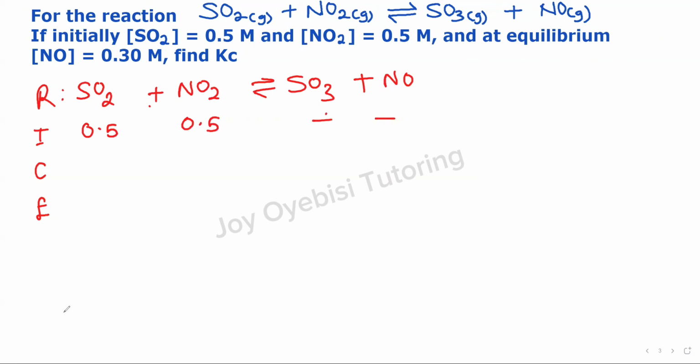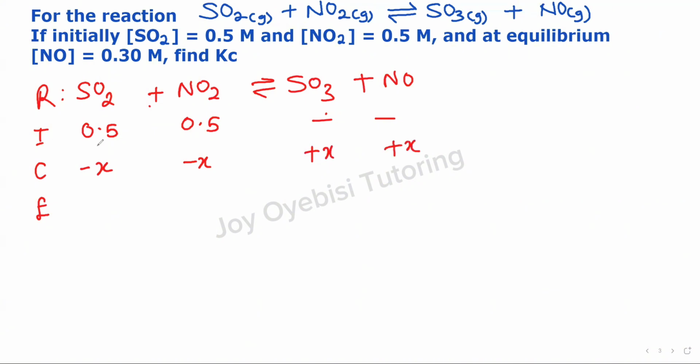These two were not there at the beginning, so you can just say 0 or dash. Now, this is going to be negative x, again, because the reactant is disappearing. So we're assuming that the value is x because we don't know what it is. And since it is a reactant, it is negative. And since this is just 1 mole of each of those, it's just 1x, okay? So negative x for both. And on the product side, it's appearing. So because you are forming the product, it's positive x for both.